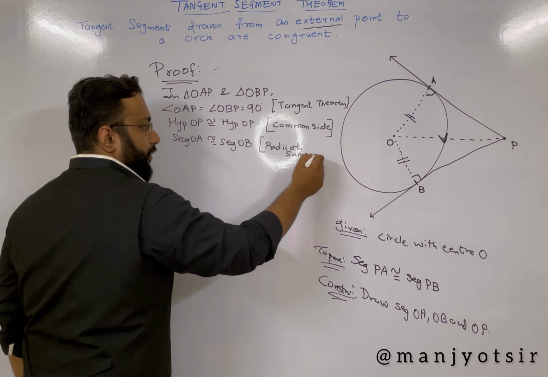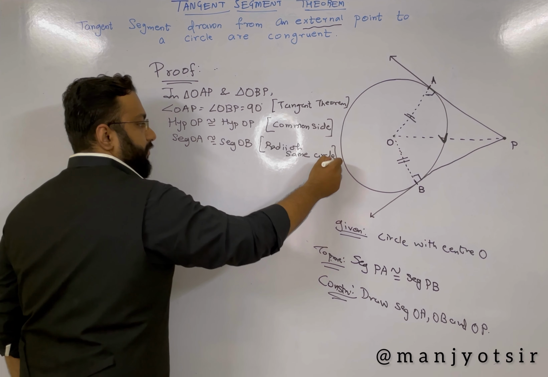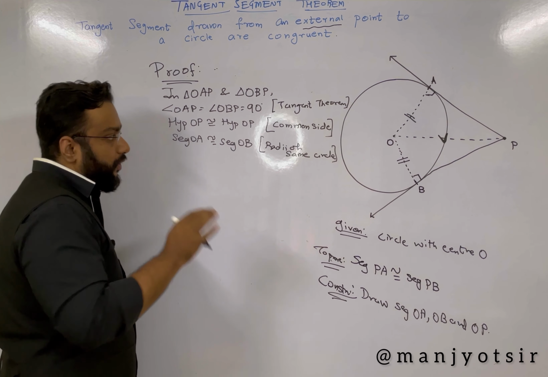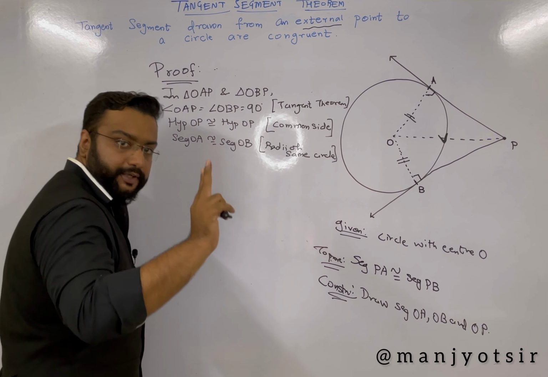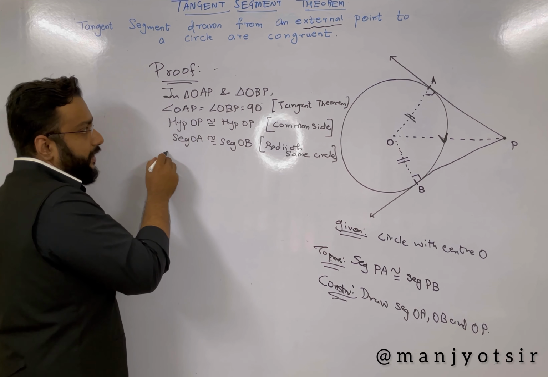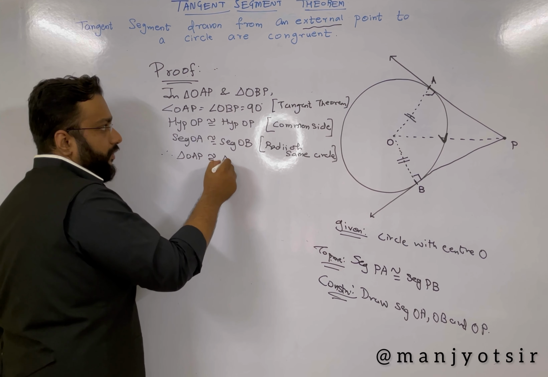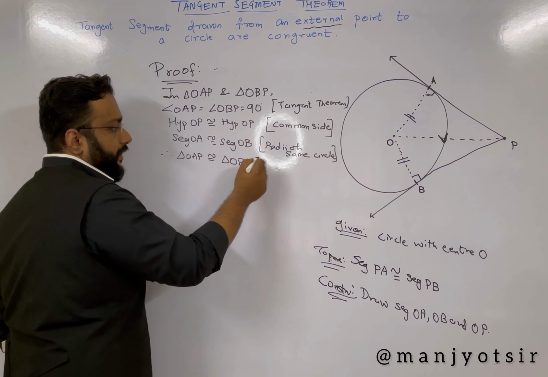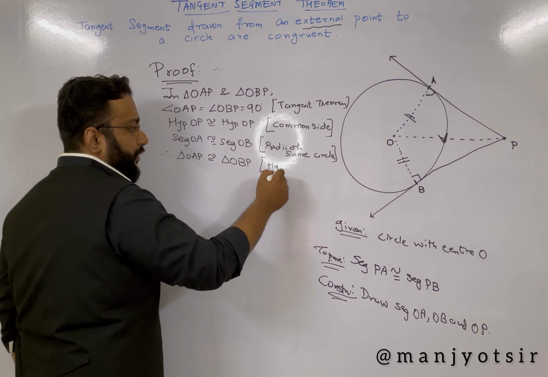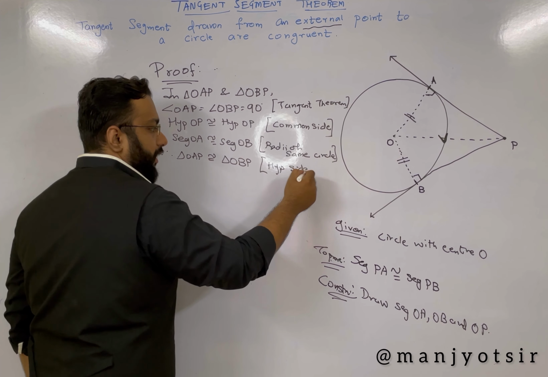Very good, superb. Now we have three conditions: right angle, hypotenuse, and one more side. So triangle OAP is congruent to triangle OBP, and the reason will be hypotenuse side test.